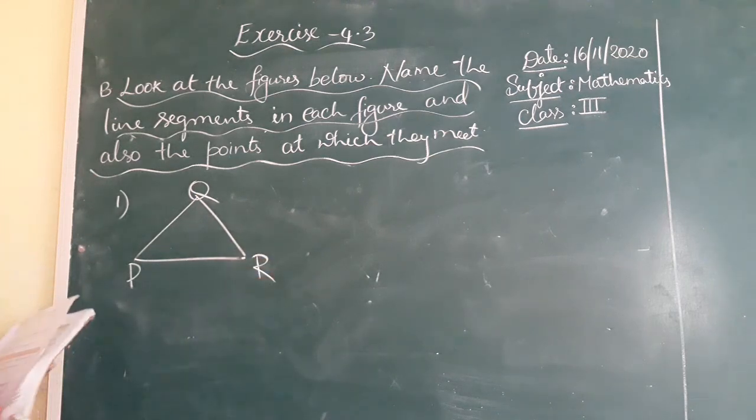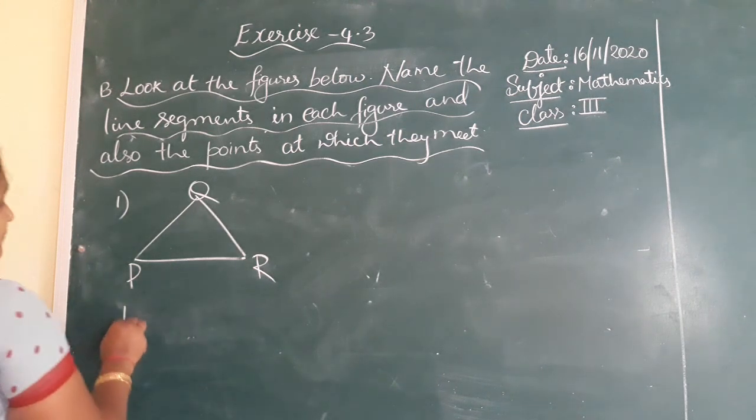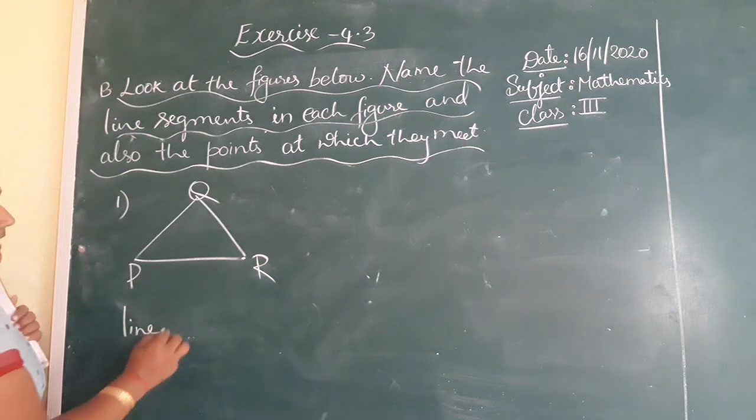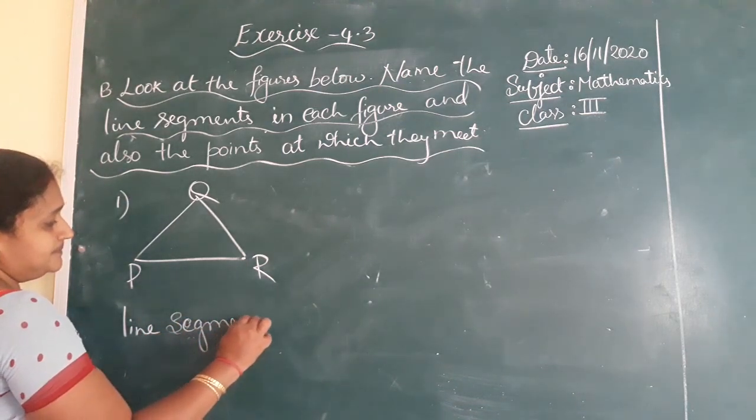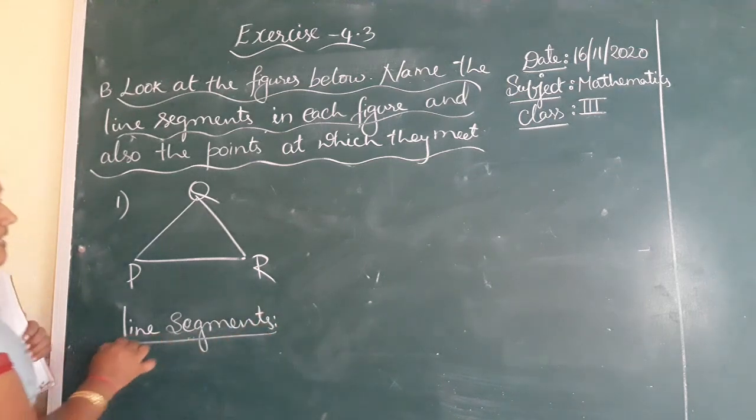It is the figure, it looks like a triangle, and they are asking us to write the line segments. What are the line segments in that?